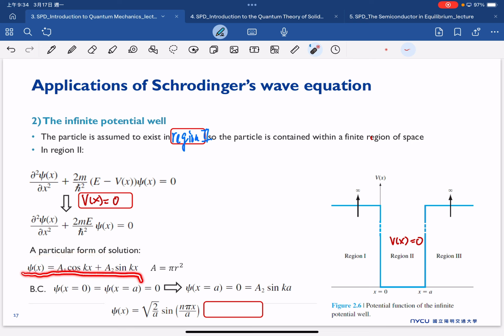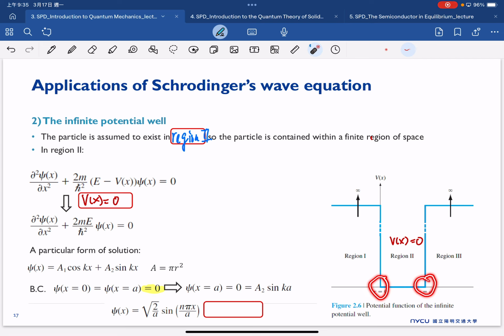Now we also have to take into account the boundary condition, where phi at x equal to 0 and phi at x equal to a should both be equal to 0, because the boundary condition requires phi in these 2 places to be equal to 0.